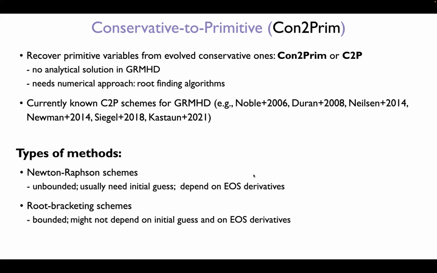The second kind are root bracketing schemes, where you know that your root is going to be bounded in a certain regime, and they might not depend on an initial guess or on the EOS derivatives. Newton-Raphson schemes are typically faster but might not be as accurate, while root bracketing schemes are slower but might be a bit more robust or accurate.